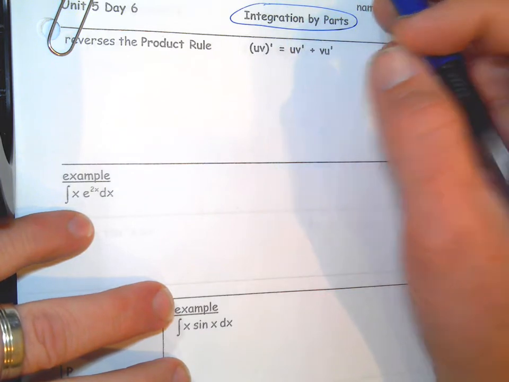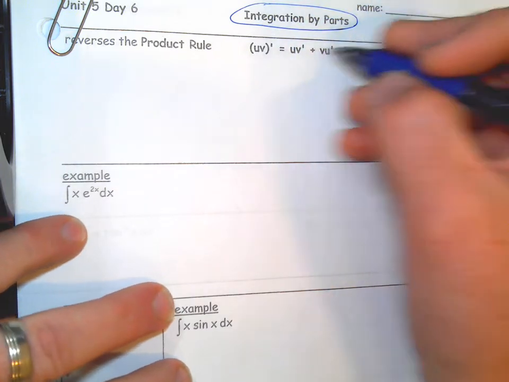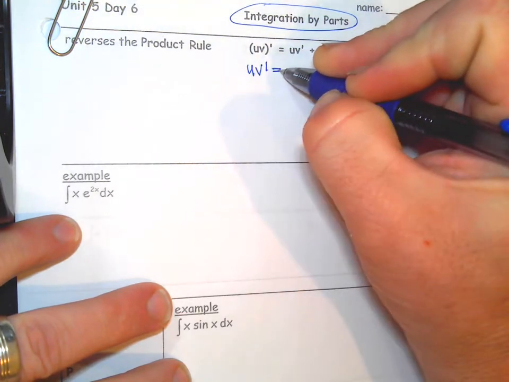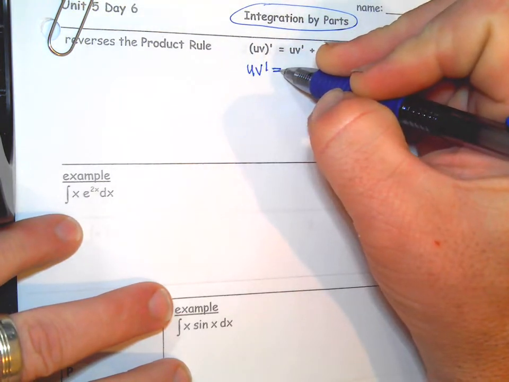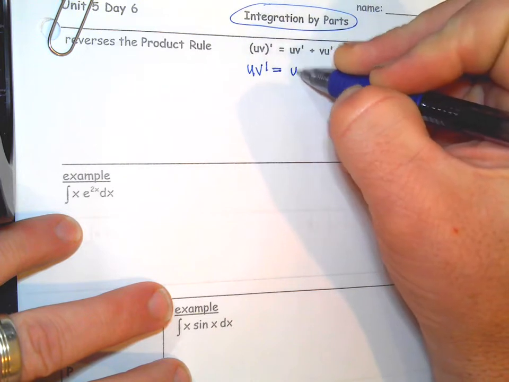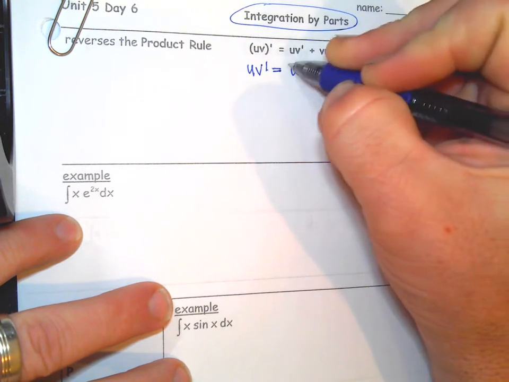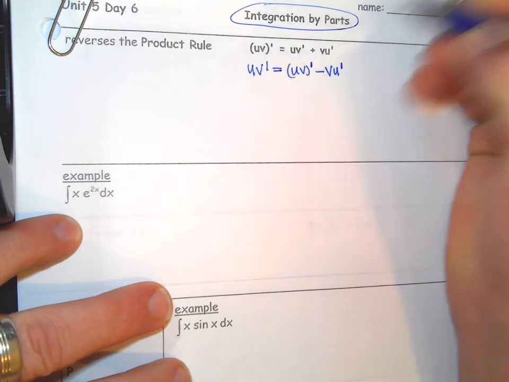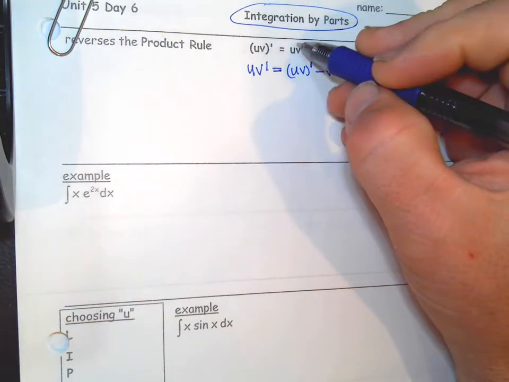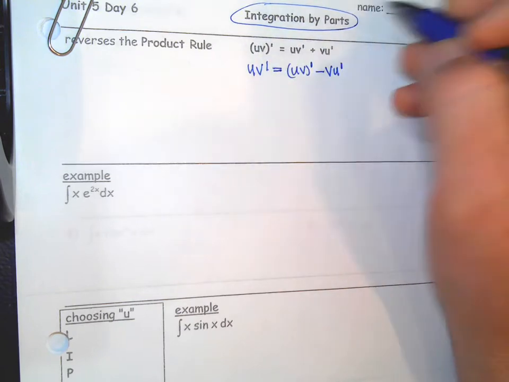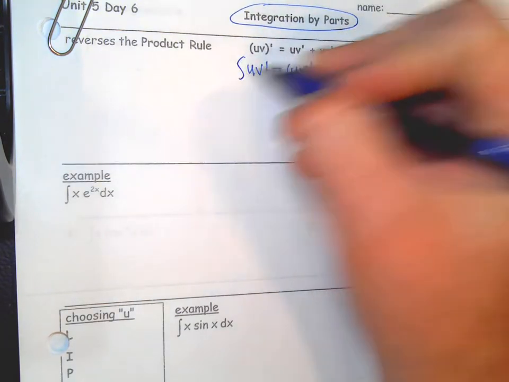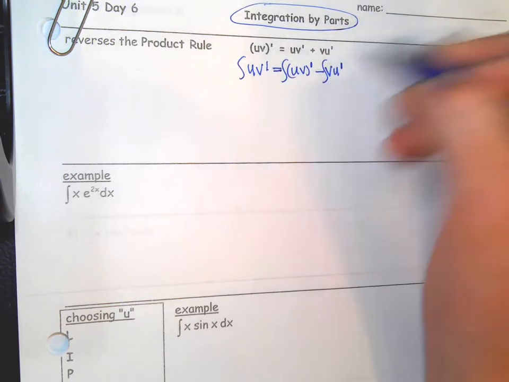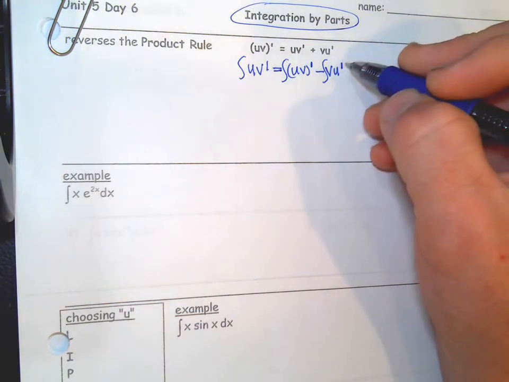I'm going to rearrange this. I'm going to get the u v prime over here on the left, so I flip sides. Then I have the u v prime here, and then minus v u prime right here. I just flip the sides and subtract this to the other side. I'm then going to integrate both sides, and you can break it up into separate terms.